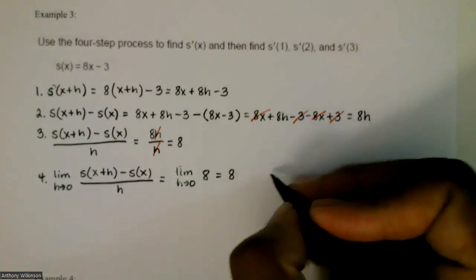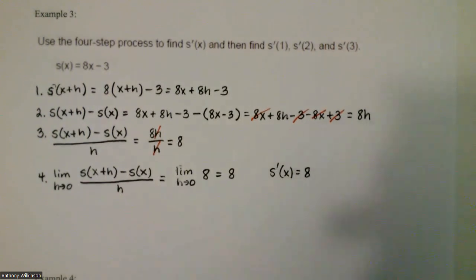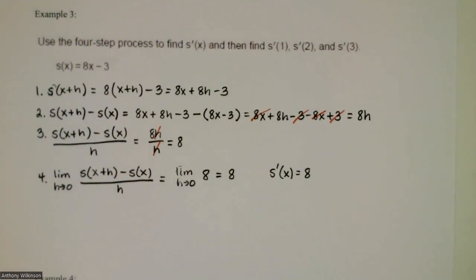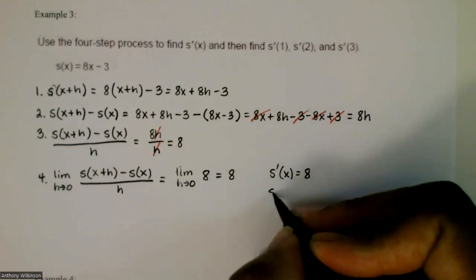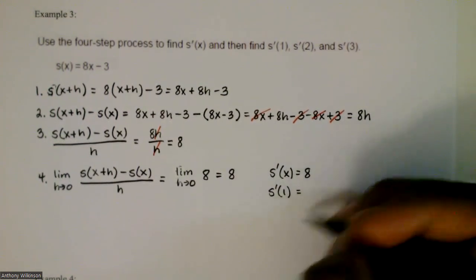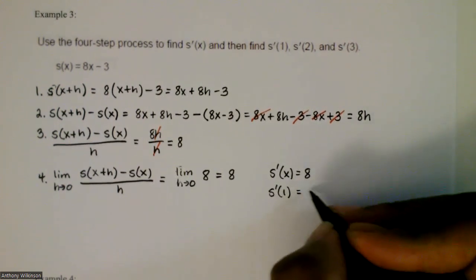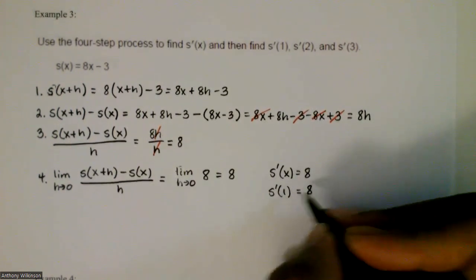So I guess I can write that out. S prime of x is equal to 8. Now we're going to use that to find s prime of 1, s prime of 2, and s prime of 3. So in this case, s prime of 1 is going to be easy because I have no x to substitute, just the 8. So s prime of 1 would just be 8.